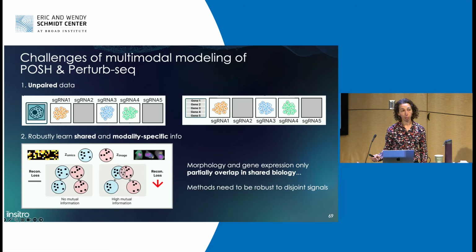Likewise, morphology and gene expression have just partially shared overlap in the shared biology. And so we want to develop models that are robust to the fact that a perturbation may affect changes in just one modality and not the other.